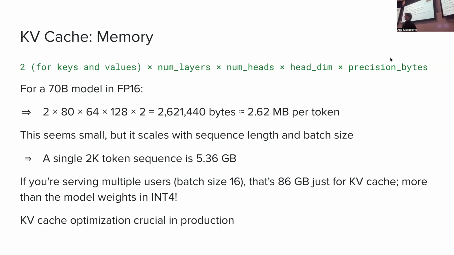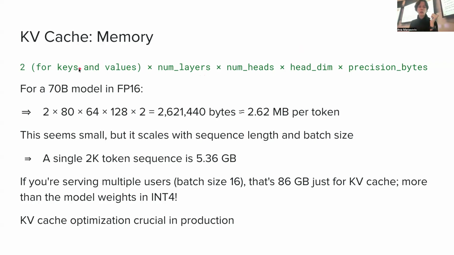But the issue is that now memory for those vectors can also become large. So here is, within the entire transformer, if you want to generate the next token, how much memory you need for that one token, one position in generation within the transformer.